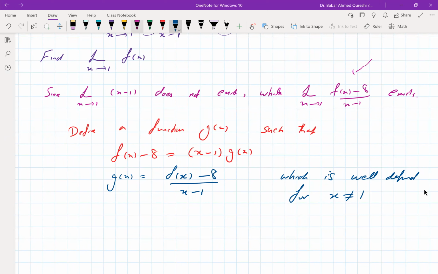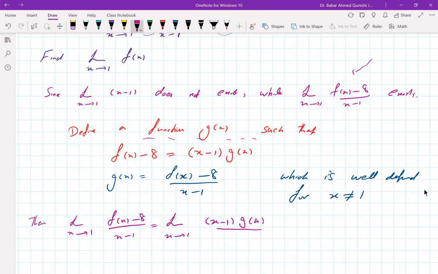So then limit of f of x minus 8 over x minus 1 would be equal to, because these two functions are equal over here, away from x equal to 1, x minus 1 g of x over x minus 1.